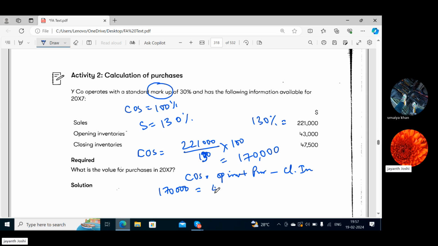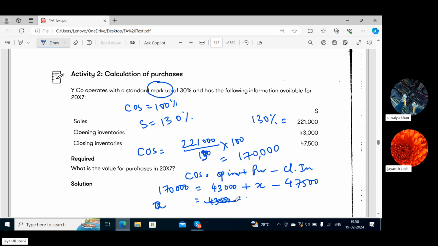Opening is 43,000. Purchase is unknown. Closing inventory is 47,500. So from this formula we can find X. X will be how much? That will be a negative figure, no?